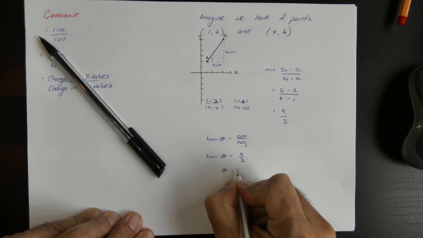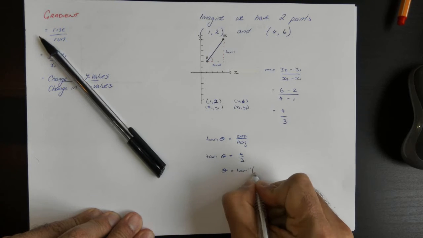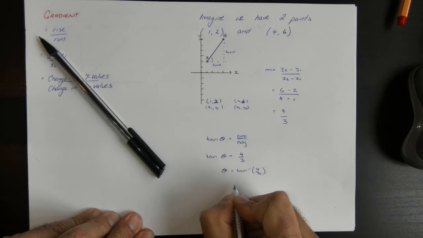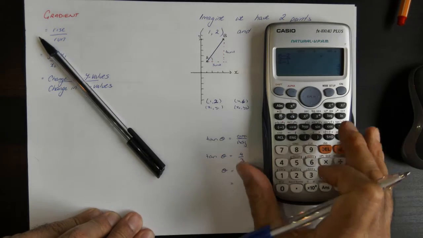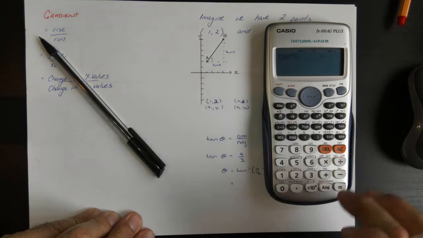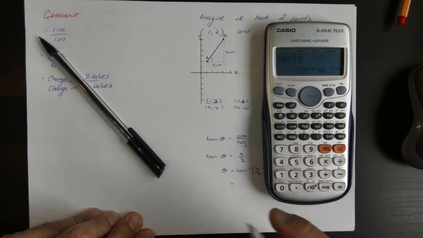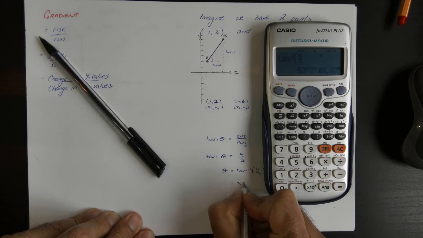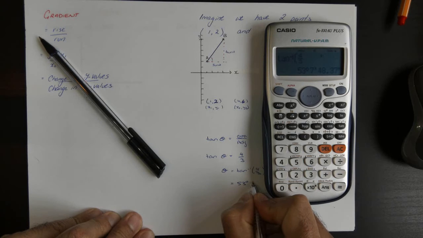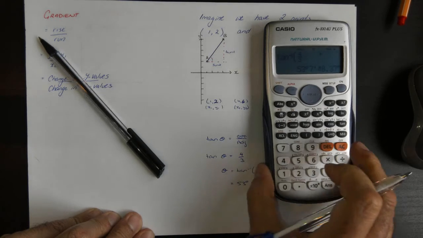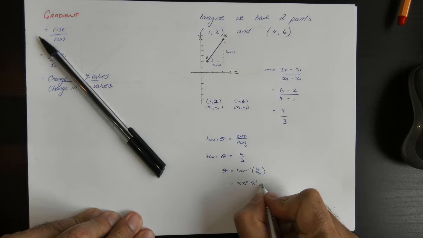So theta is inverse tan 4 over 3. I plug that into the calculator, in degrees, shift tan 4 over 3. I get an angle of 53 degrees and 8 minutes to the nearest minute.